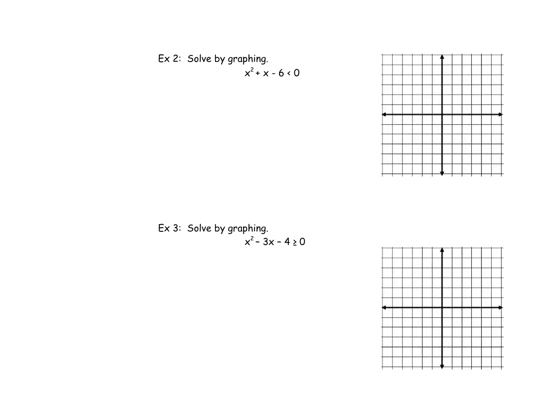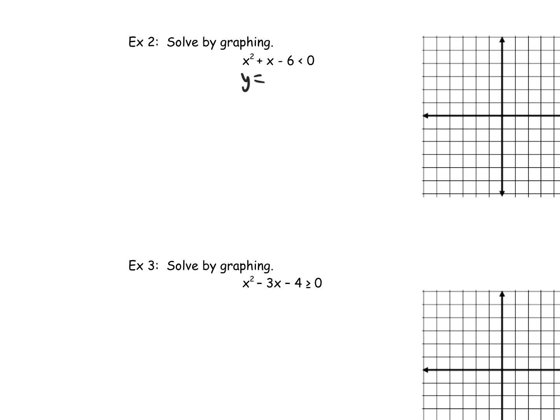All right, so let's look at example 2 here. We're going to solve by graphing. So we're going to graph this parabola, y equals x squared plus x minus 6. We can find the axis of symmetry the same way, x equals negative b over 2a, so negative 1 over 2 times 1. That's going to be negative 1/2. And the vertex would just be negative 1/2 squared plus negative 1/2 minus 6.